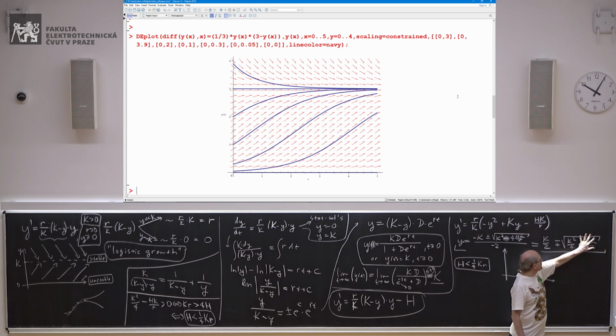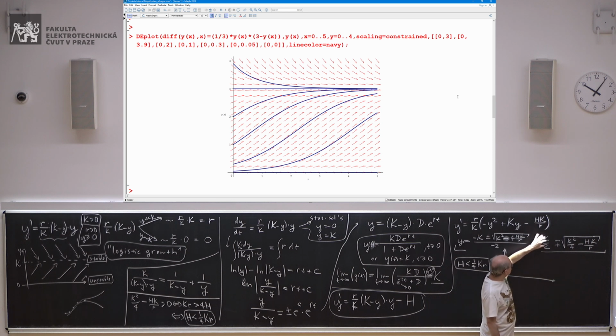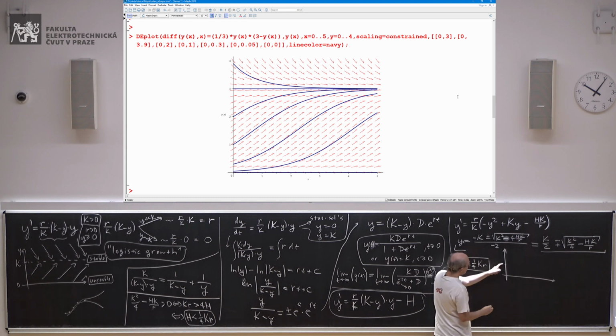So without this term, these two would be the same. But I'm actually making it smaller. So I have k over 2, and then I'm subtracting and adding something which is smaller than k over 2. So k over 2 is somewhere here, and I move it down and up by some amount, which is not reaching all the way down below the x-axis. It stays here, and it stays here. That's the two stationary solutions.